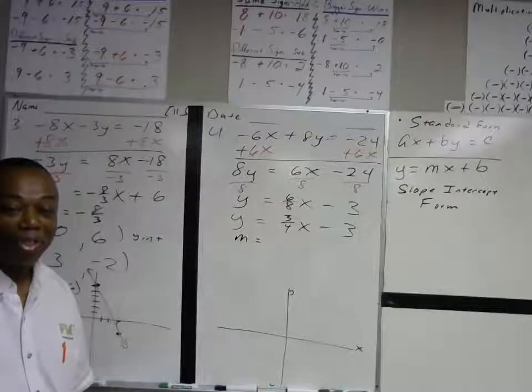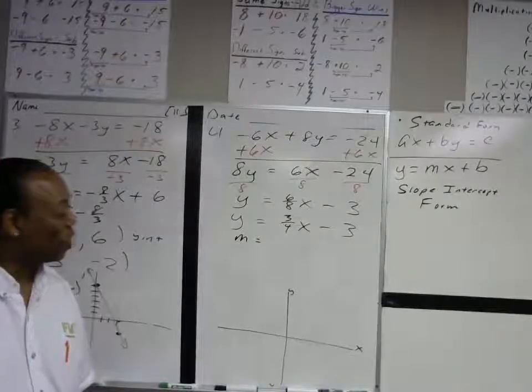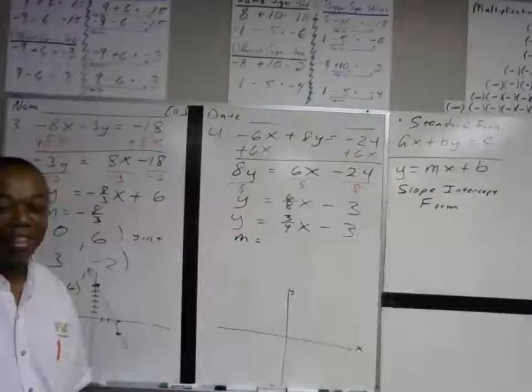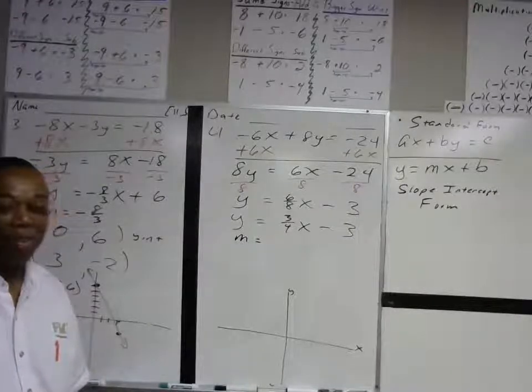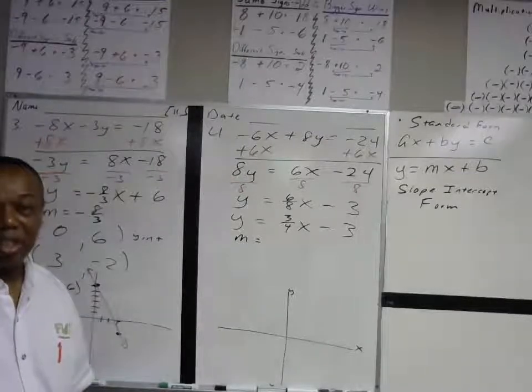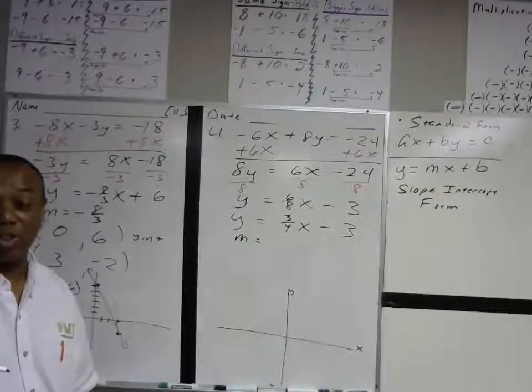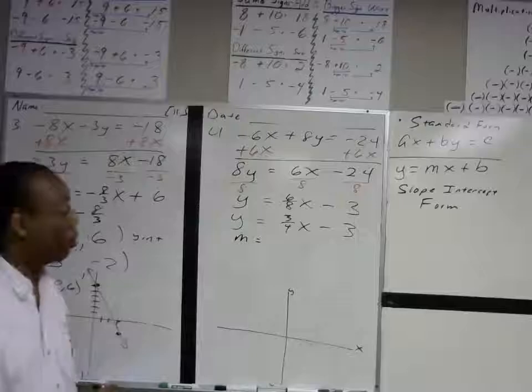It's right there in front of the x. 3 over 4. Yes. So yes, 3 over 4. Thank you.